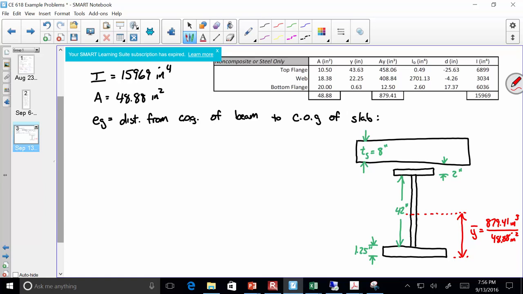So my question is this: how do I get from here to here? And I propose to you that that distance is EG. The center of gravity of the beam to the center of gravity of the slab. And here's how I'm going to do it.